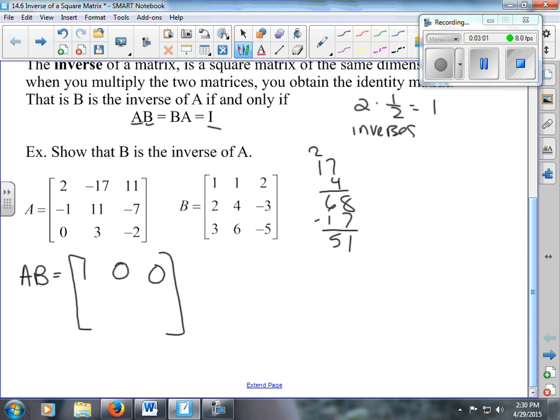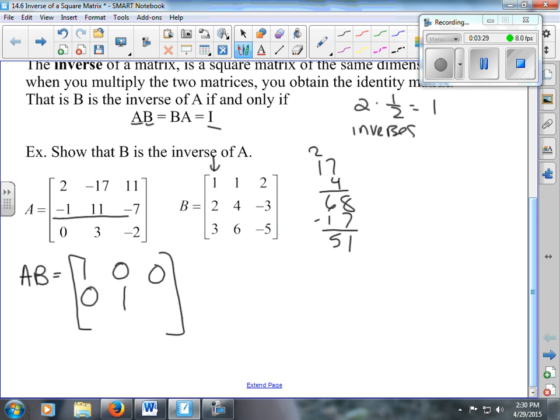Now moving on to row 2, column 1: negative 1 plus 22 minus 21, yes, that's 0. Negative 1 plus 44 minus 42 is 1.